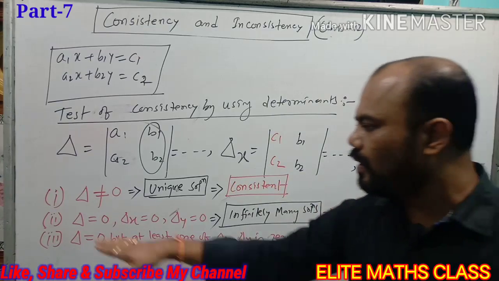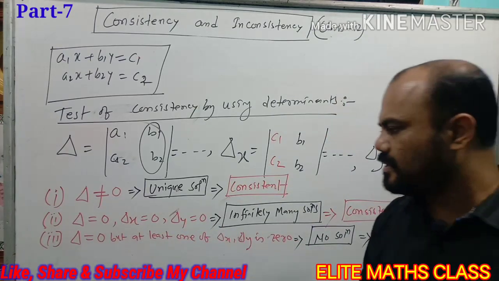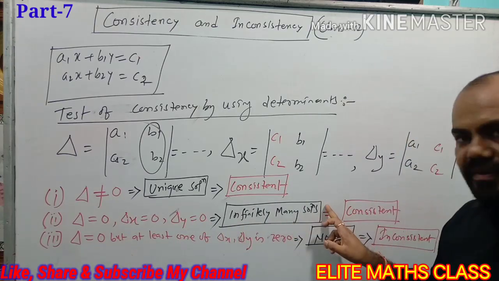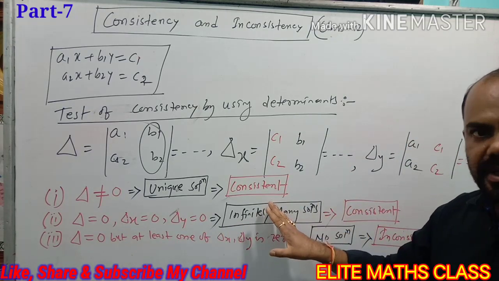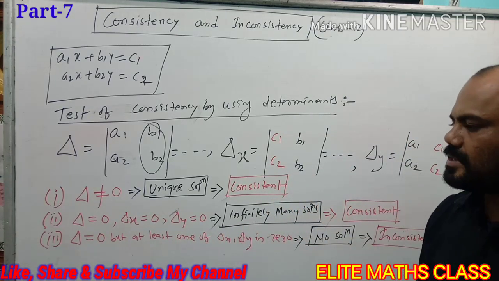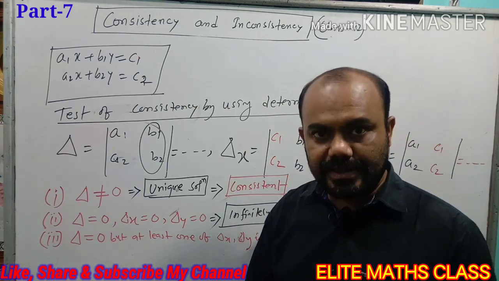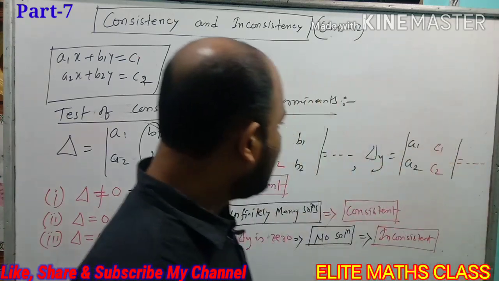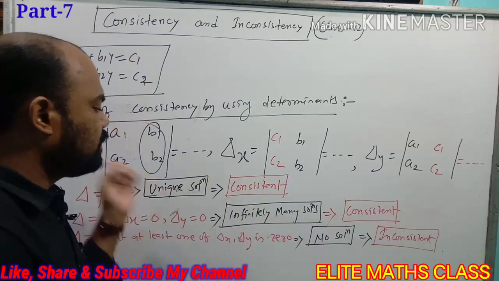The second condition is that the values of all the determinants are 0. In this case, the system will have infinitely many solutions. As a solution exists, the system is consistent. And the third condition is delta 0, but either of del x or del y or both is non-zero.